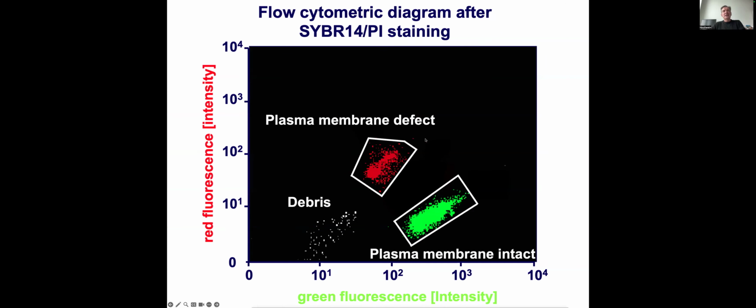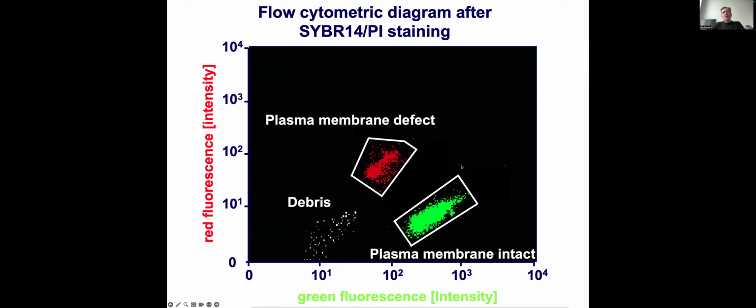And if you look at a dot plot here, and this is very typical for a flow cytometric image, you see here a population with more green fluorescence. These are the plasma membrane intact sperm. And you see here a population with more red cells, and these are plasma membrane defect sperm, damaged sperm. And here is debris, for example, particles, egg yolk particles in the sample.